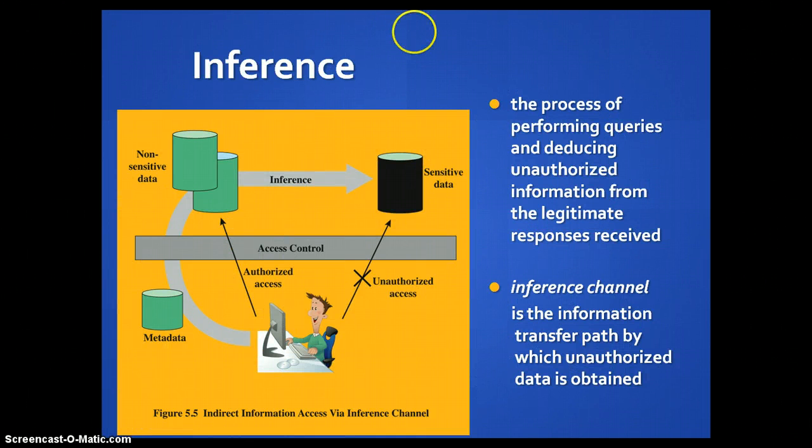This is the most important part here for the security of the data. When we talk about inference, it means that we start to talk about the security here. Let's define the inference.